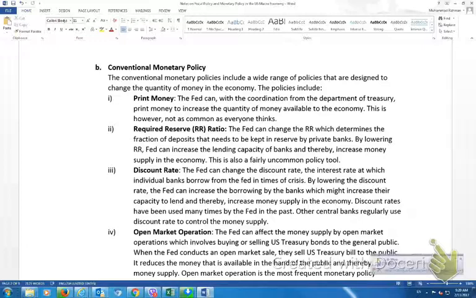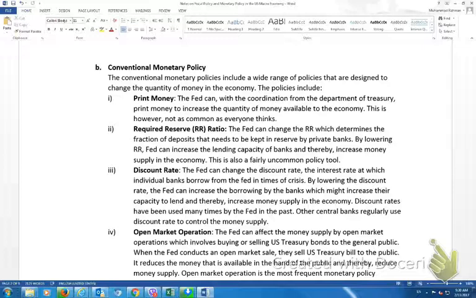If they borrow more from the Fed, they will probably lend more to the macroeconomy. When they borrow more and lend more to the macroeconomy, this can lead to an increase in the money supply. Thereby, by lowering the discount rate, the Fed can increase the money supply in the economy.